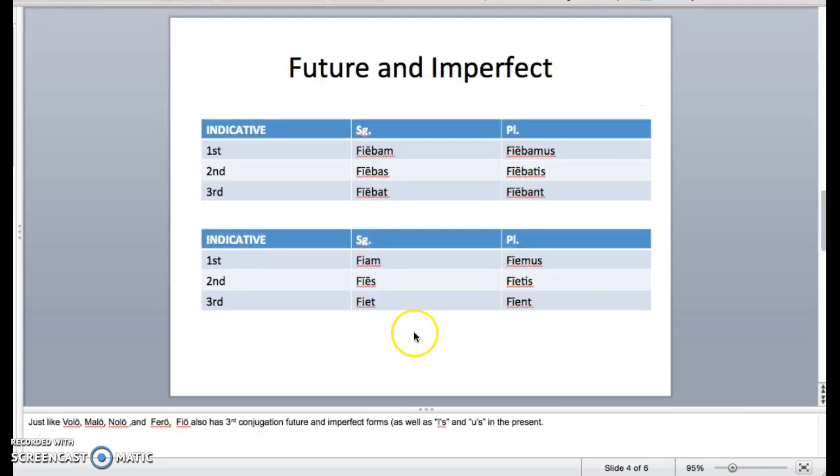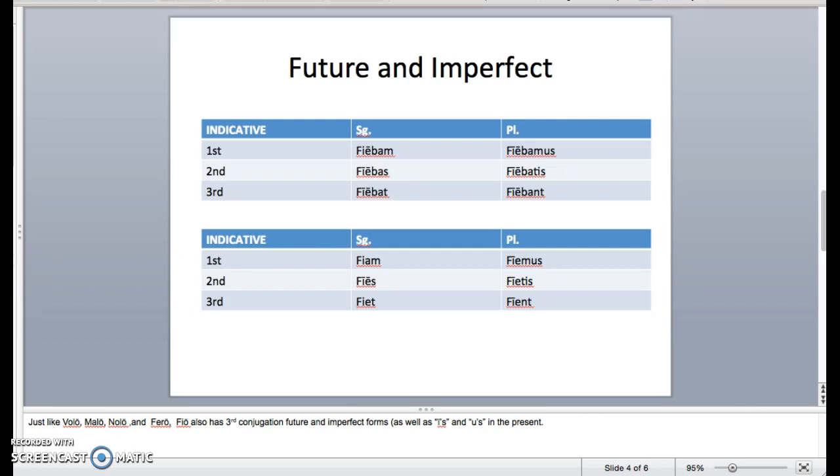Let's look at the future. Again, just like all these irregulars we've been doing, whether it was volo, whether it was malo, whether it was fero, which we just did, we're going to see -am, -es, -et in the future, and we're going to see -ebam, -ebas, -ebat in the imperfect. So if we can group all these words together, it will really help us when we're trying to come up with their future and imperfect forms.